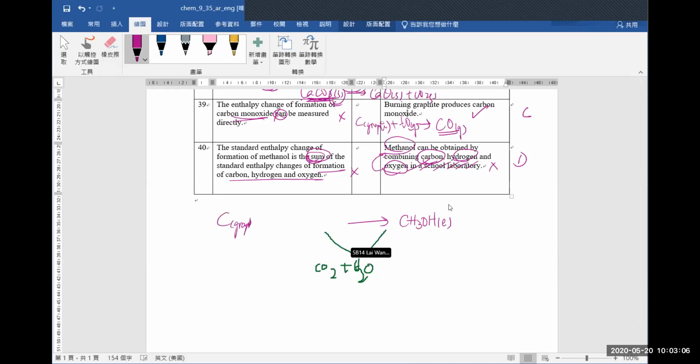Graphite. The last question is very meaningful, right? This time, just recall something that you ought to know. Formation of methanol.